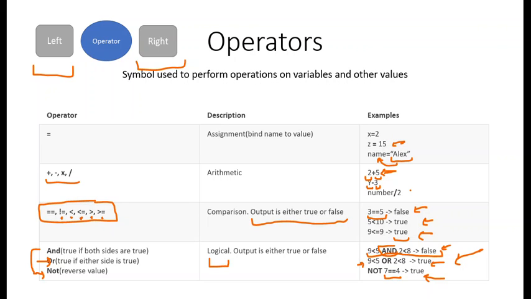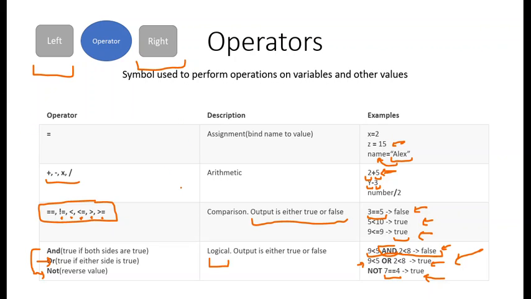In certain situations, we might come across multiple operators in the same statement or expression, and we need to know which operators will be evaluated first in order to be able to expect the produced output. For example, multiplication and division will be evaluated before addition and subtraction.